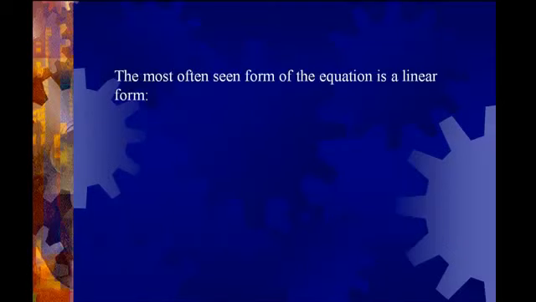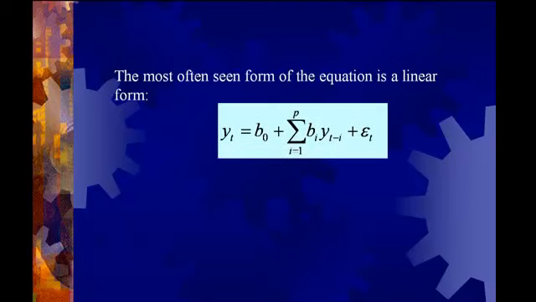But they say the most often seen form is linear. It doesn't exactly look linear, but it is, because the sigma just means adding y sub t minus 1 or y sub t minus 2, however far back you go, but you're only adding. So that's actually linear.